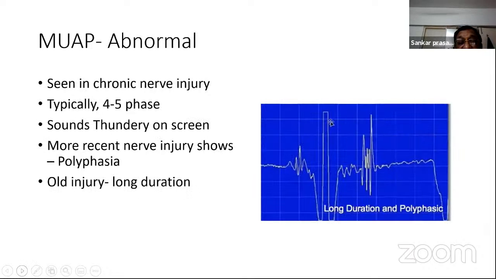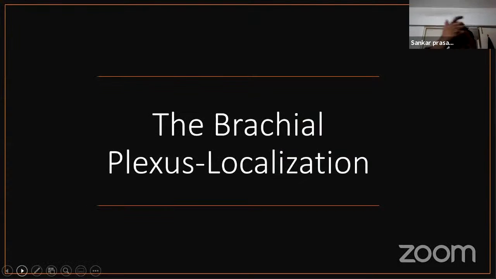And in chronic nerve injury, as I already told you, there will be 4 to 5 phases, as you can see on screen. In more recent injury, up to 2 months, you'll have polyphasia. And in the old injury, there is a long duration like this. Long duration and polyphasia are seen in the abnormality of the MUAPs. So that's how we finished the EMG.